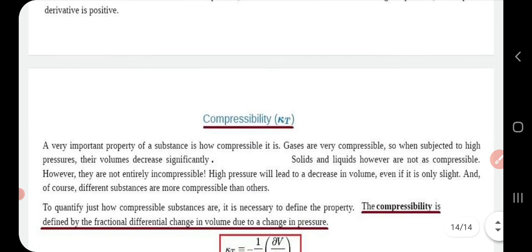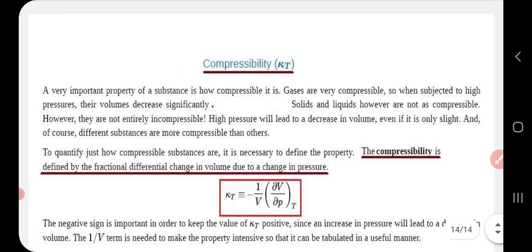Similarly, compressibility. It is a property that tells us how compressible a substance is. For example, gases are highly compressible. When subjected to high pressure, their volume will decrease significantly. However, solids and liquids are not nearly as compressible as gases, though they are not entirely incompressible. High pressure will lead to a decrease in volume.